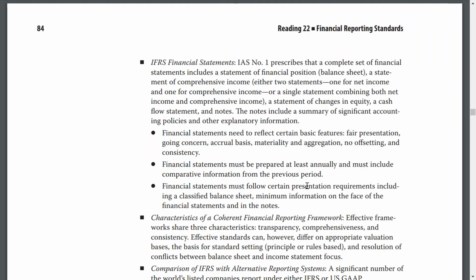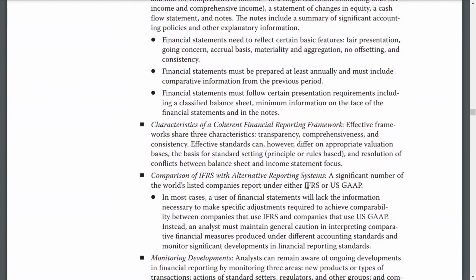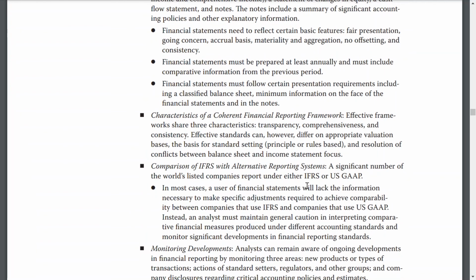Financial statements must be prepared at least annually and must include comparative information from the previous period. Financial statements must follow certain presentation requirements, including a classified balance sheet, and minimum information on the face of the financial statements and in the notes.